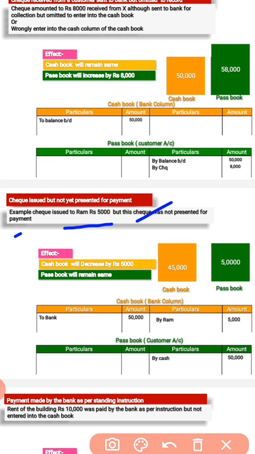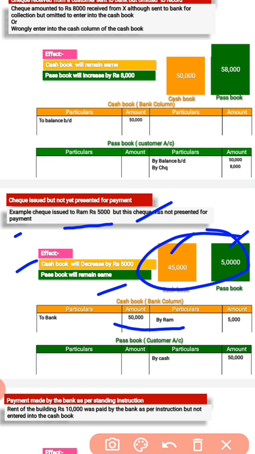We have decreased the balance of our cash book by 5,000 as we have issued a check to Ram. So from 50,000 we will deduct 5,000. Our balance is 45,000, but passbook will remain the same, that is 50,000, because that check is not presented by Ram in bank for payment. Bank statement is showing the same balance, 50,000, but in our cash book we have decreased it by 5,000. Cash book balance is 45,000. Now there is a difference between cash book and bank statement.